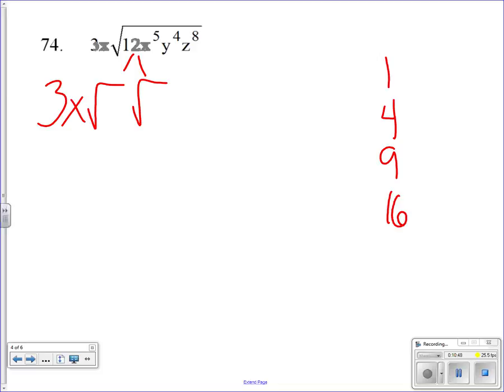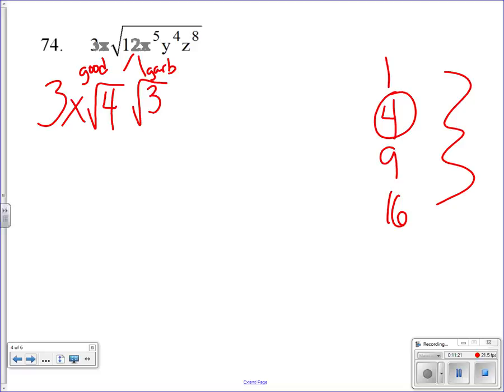Is 12 divisible by any of these numbers? And the answer is yes. 12 is evenly divisible by 4. So we're going to go ahead then and put 4 into our good. Now 12 divided by 4 gives us a garbage of 3. So we have that garbage left over.